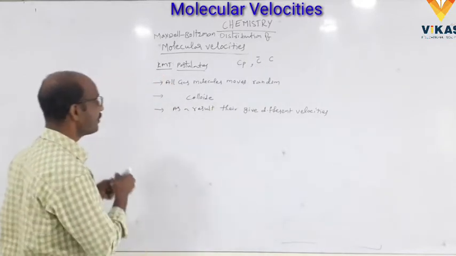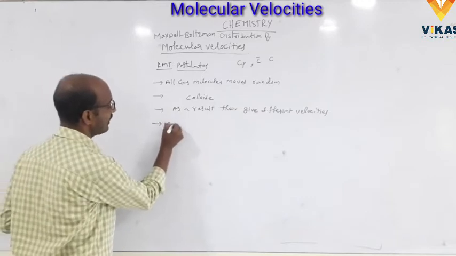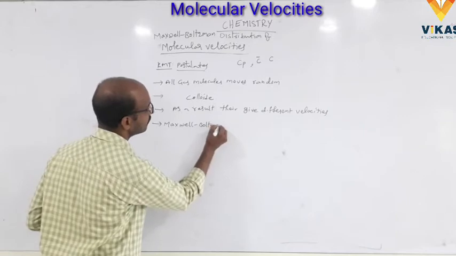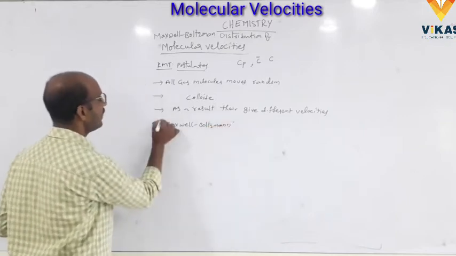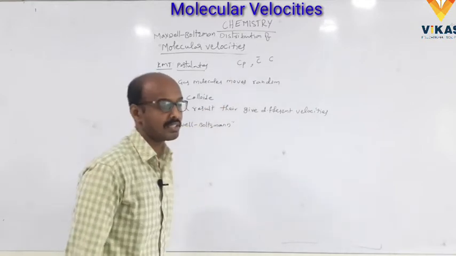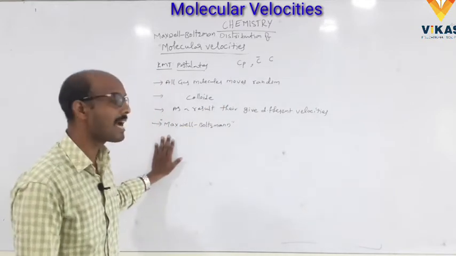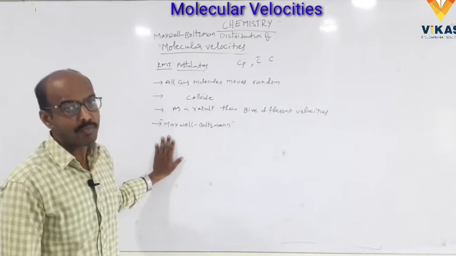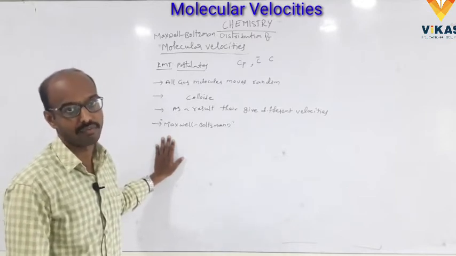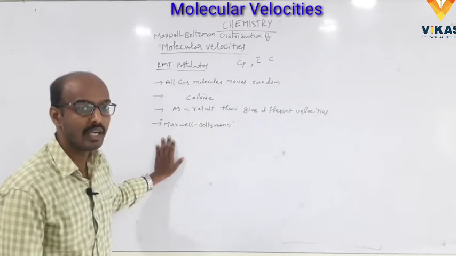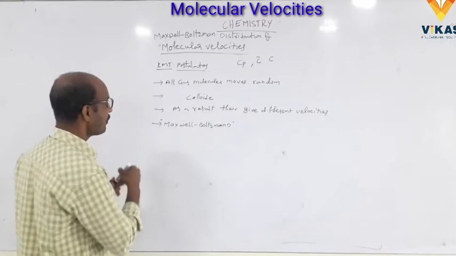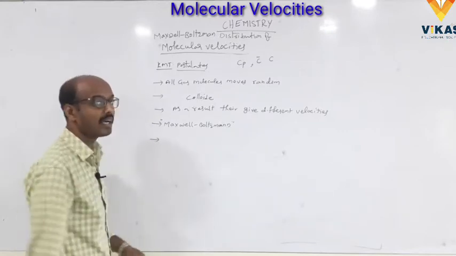Maxwell and Boltzmann gave a representation of these three velocities. How is it represented? Maxwell and Boltzmann gave the distribution of molecular velocities in the form of a graph. The distribution of molecular velocity is based on the graph.